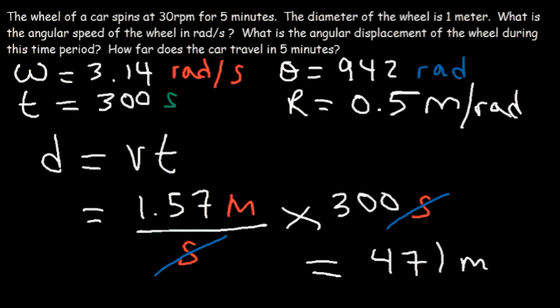So both ways you can get the same answer. So if you have the tangential velocity in meters per second, make sure the time is in seconds and not minutes. So pay attention to the units for these problems.